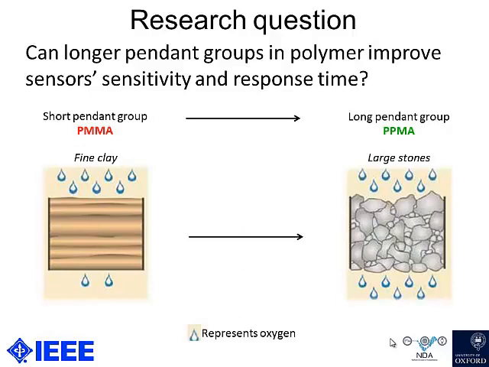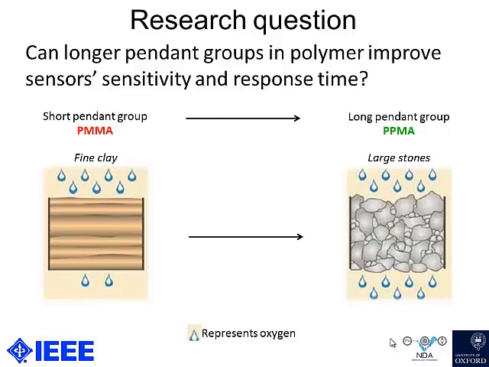Here on the left, we've got the short pendant group polymer represented by fine clay, and the drops of water represent oxygen. You see that in a given unit time, for, say, 7 drops of water on top of the fine clay, we only get 2 drops at the bottom. In contrast, on the right, there's a long pendant group represented by large stones.